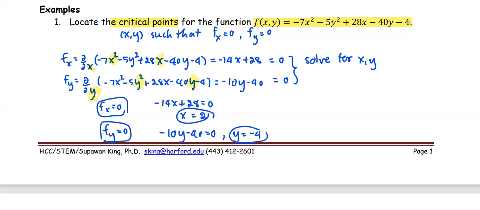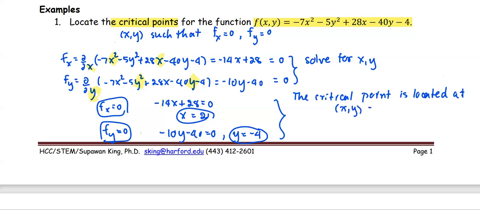We got x and y that provide the critical point. So we can say that the critical point is located at the point (2, negative 4) on the region.